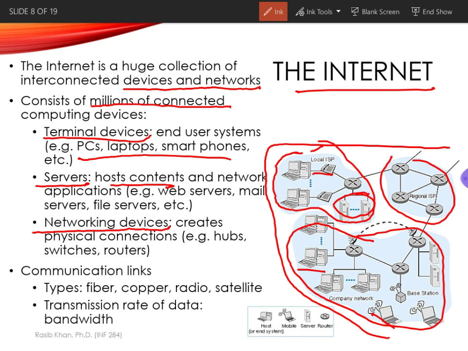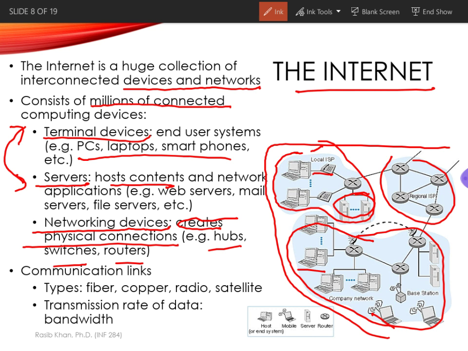So to allow this complex connection of terminals and servers, we have in place what we call networking devices, such as hubs, switches, routers, and these devices are dedicated computing units which create the physical connections from the terminals to the servers.